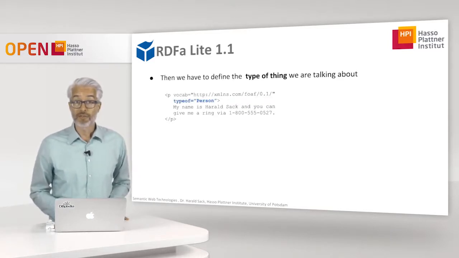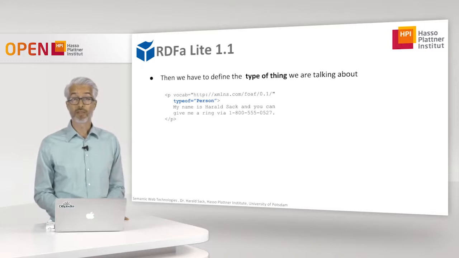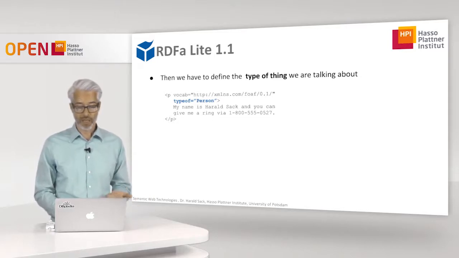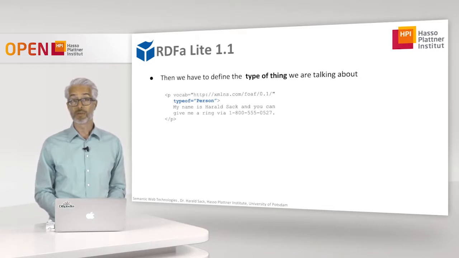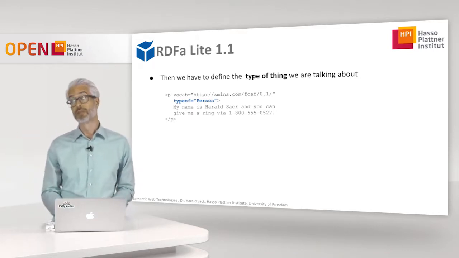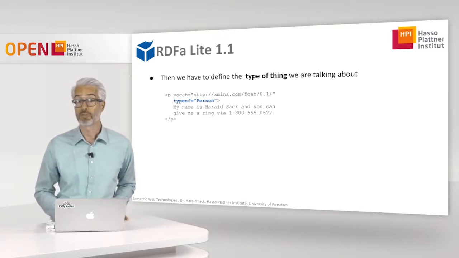Next thing, I have to state what we are talking about. In this vocabulary, certain classes might occur, and here I'm talking about me as a person. In the FOAF vocabulary, there is the class Person, so I can state that the information embedded in the paragraph refers to a class of type Person.